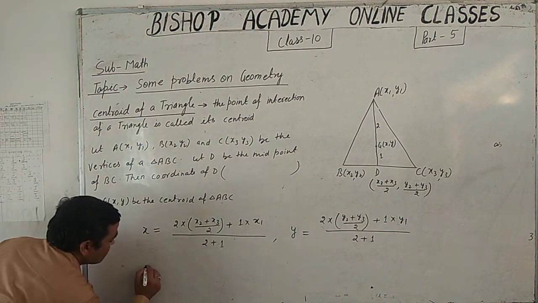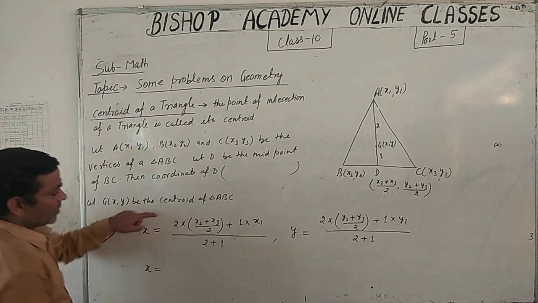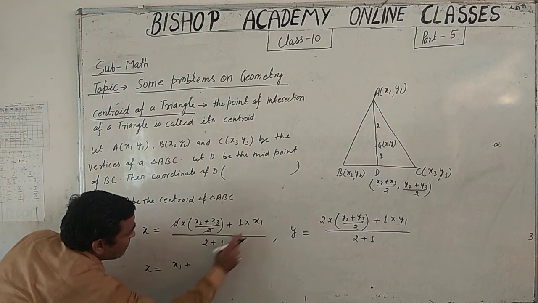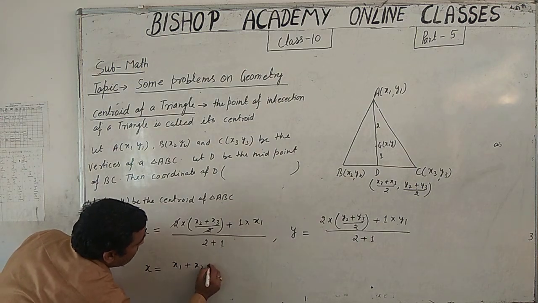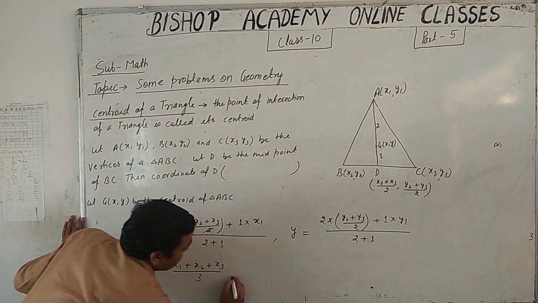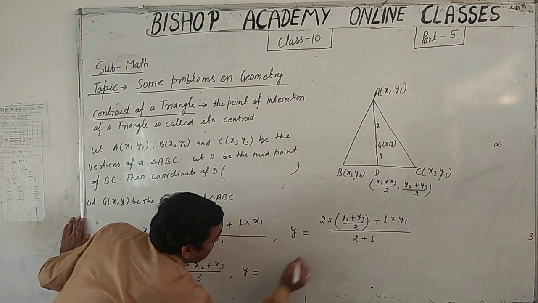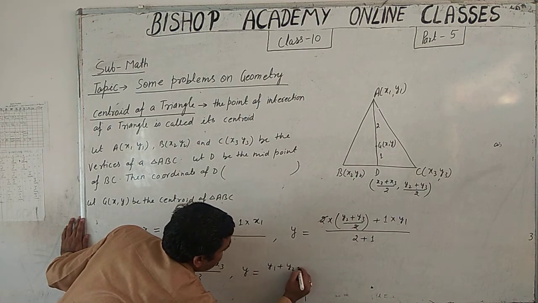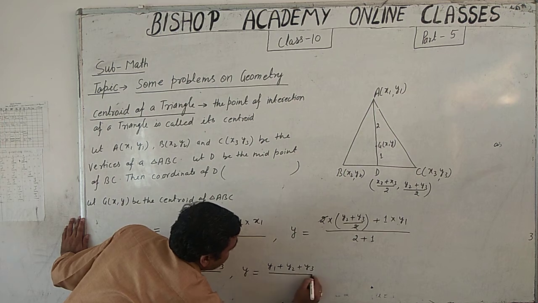Then 2 cancels out, x equals (x1 plus x2 plus x3) upon 3 and y equals (y1 plus y2 plus y3) upon 3.